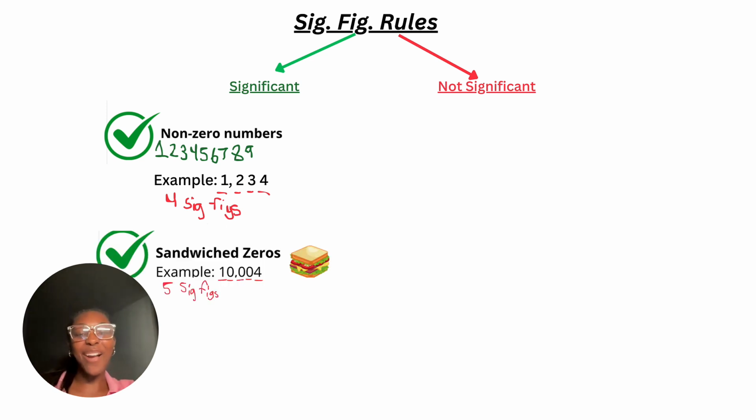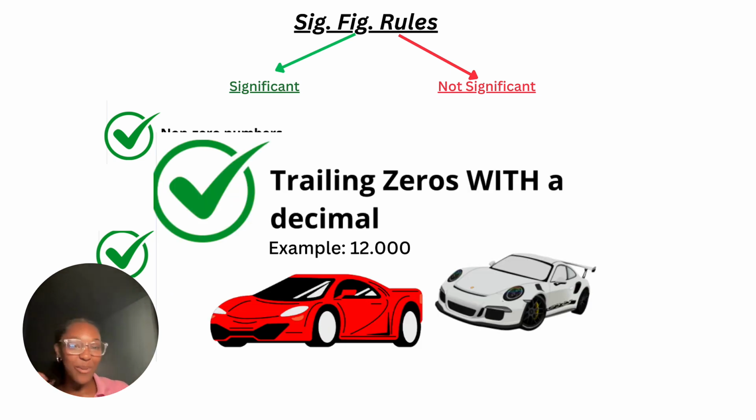All right, and now we're going to move on to my favorite one, just because of the example: the trailing zeros with a decimal. You notice how I have two cars. I have a red car in the front and a white car in the back. Whenever you're driving a car and you have somebody behind you, that person is trailing you or coming behind you. So our trailing zeros are going to be our zeros that trail or come behind a non-zero digit. Our non-zero digits here are going to be our 1 and 2.